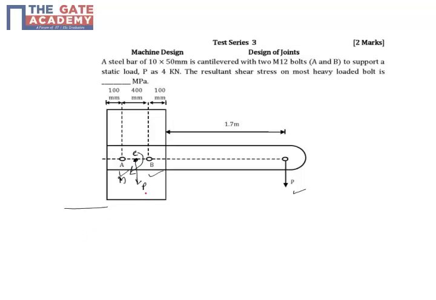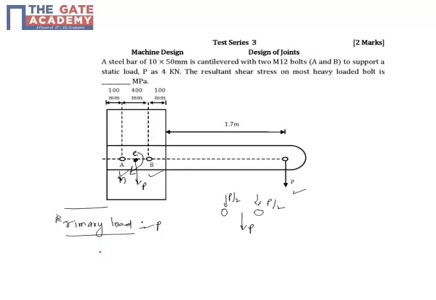So because of this, the primary load is P and the secondary load is the moment. You have bolts A and B and P acting here, so this P will produce a load of P by 2 on each of the bolts.